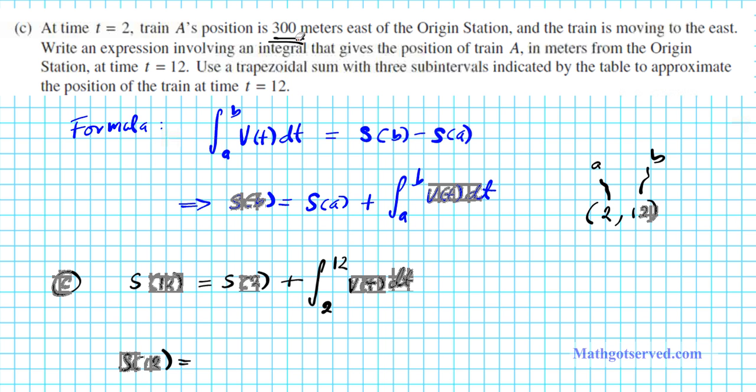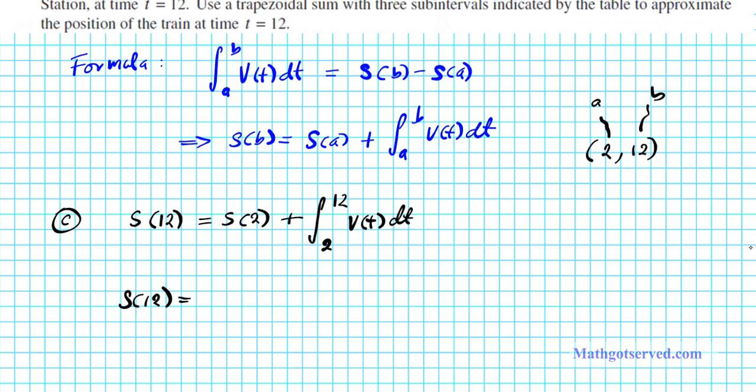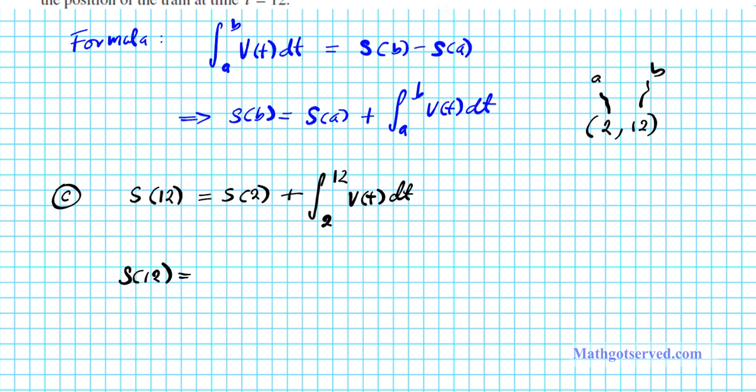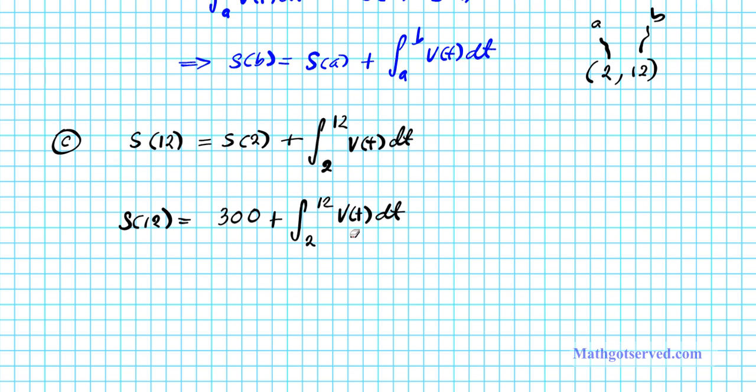So keep that in mind: the position when time is 2 is 300. And then we're going to approximate the integral from 2 to 12 of v of t dt using a trapezoidal approximation. So how do we approximate this definite integral right here?